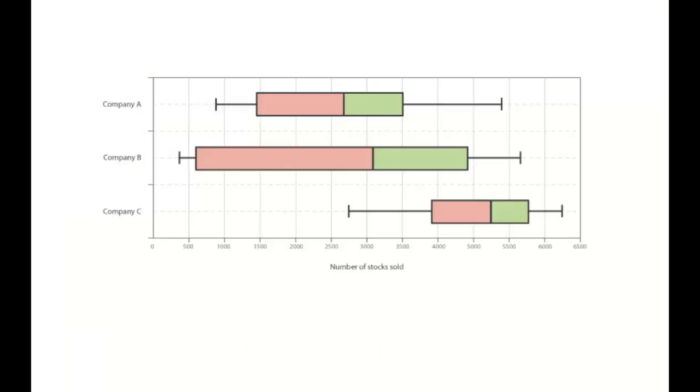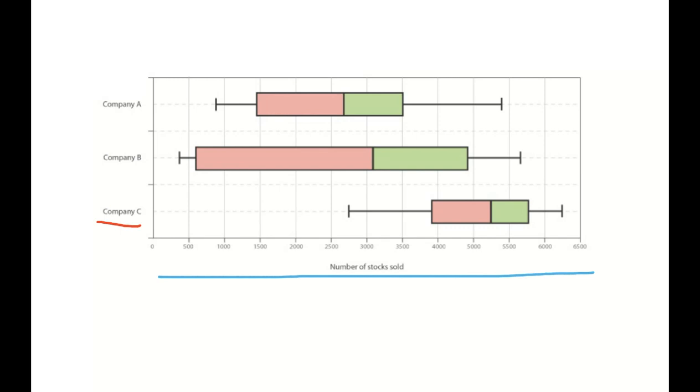We're going to use this example to examine the variability, or the amount that data varies or changes, with our new vocab word in this specific example. So this specific example is looking at the number of stocks sold, and that is measured on our x-axis here, by 3 different companies. And I'm going to label these companies with color.